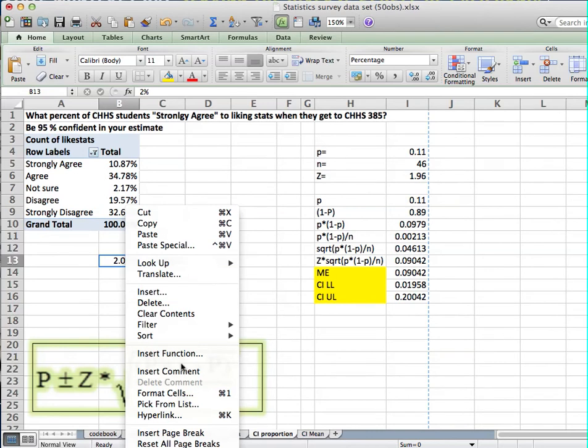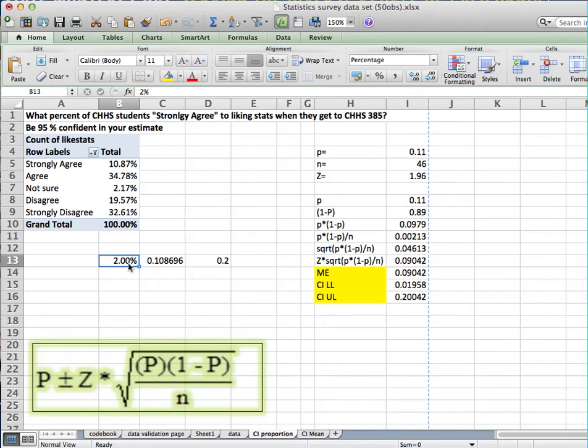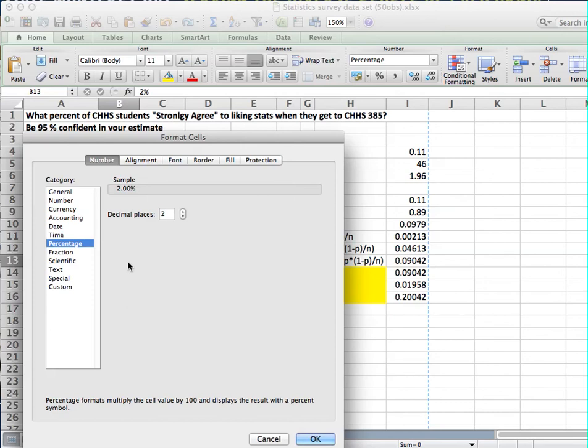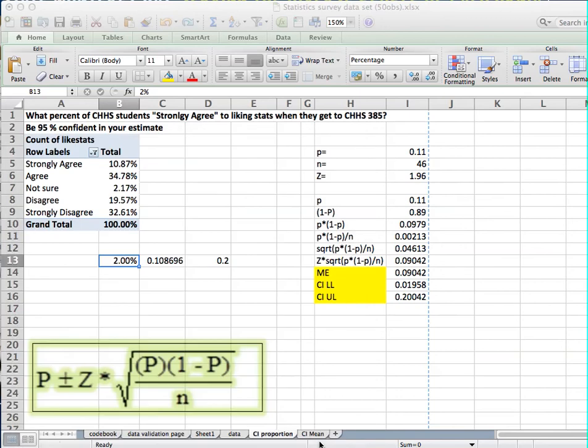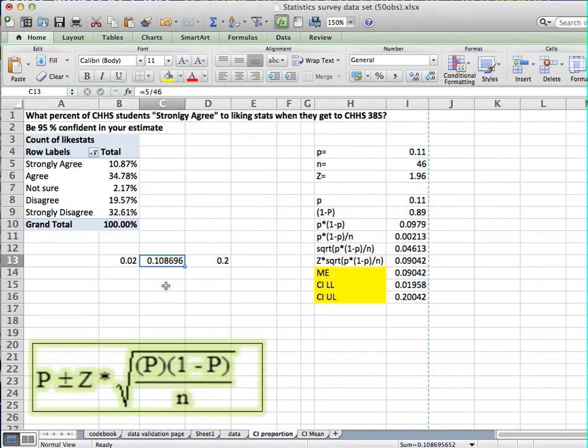Now let me make this a proportion instead of a percentage to make it more clear. Just a number with 2 decimal places. Sorry about that. So this is our sample proportion, and we are 95% sure that the population proportion lies between 0.02 and 0.2.